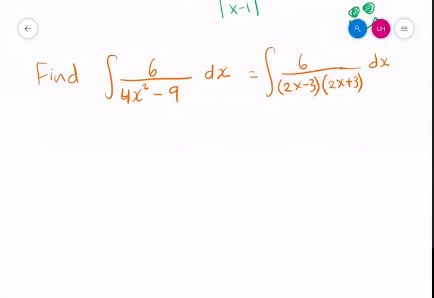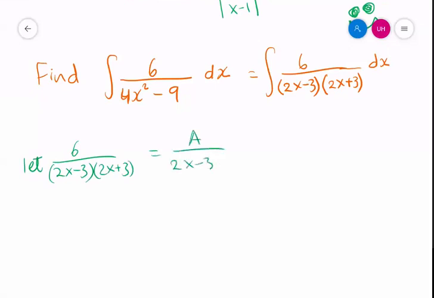So we deal with the partial fraction now. Let's say 6 over (2x minus 3) multiplied by (2x plus 3) equals A over (2x minus 3) plus B over (2x plus 3).